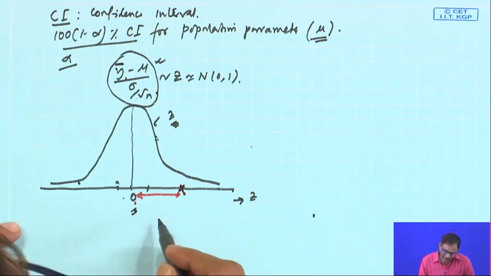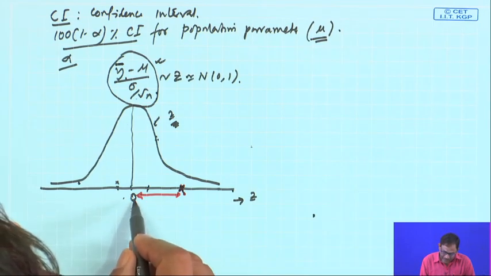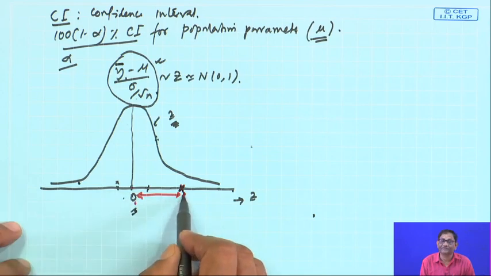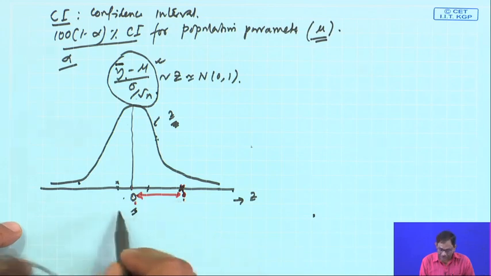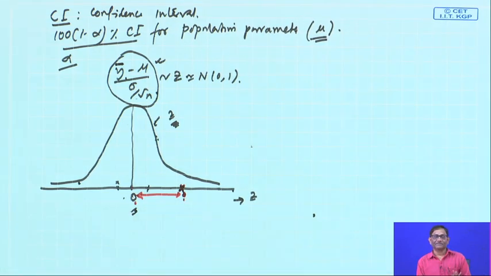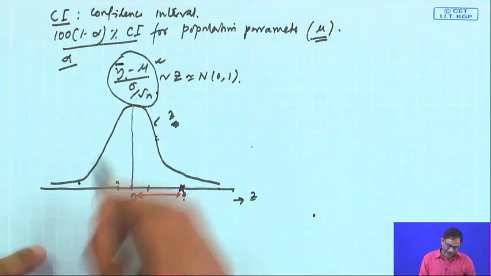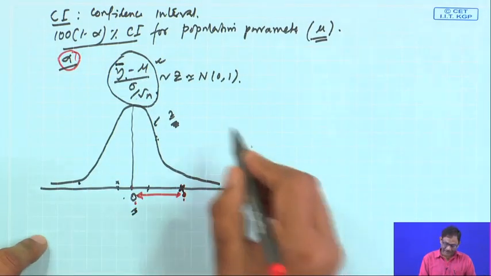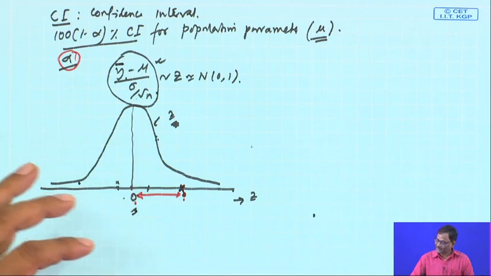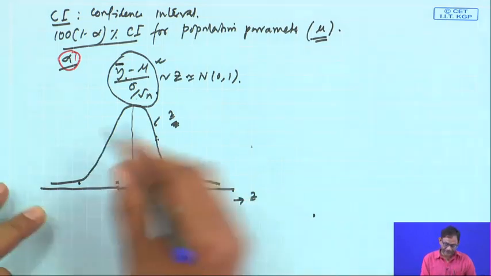So, you are basically measuring the distance from this to the estimated value. What distance is accepted? That will be determined by alpha. Alpha is known as the level of significance.